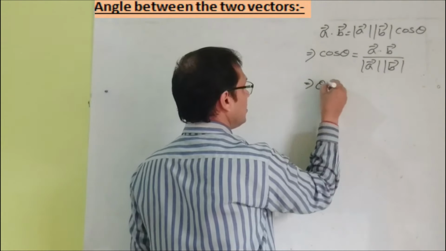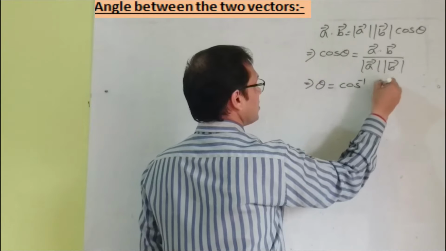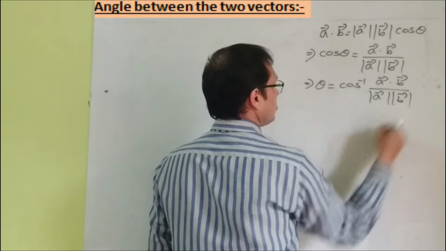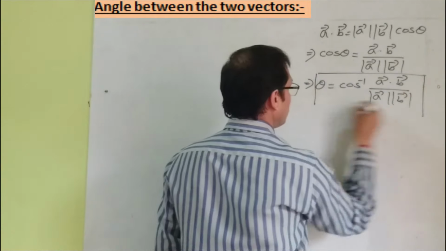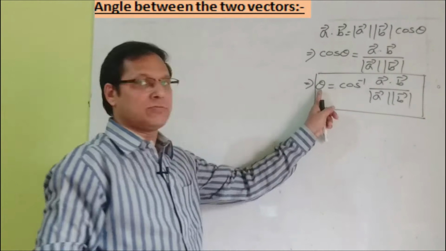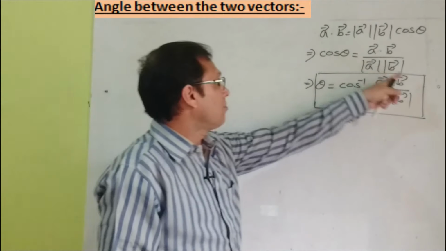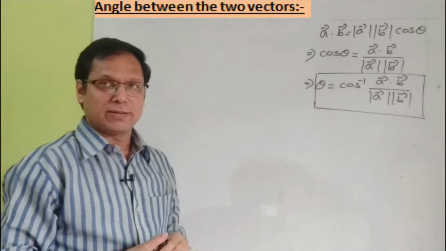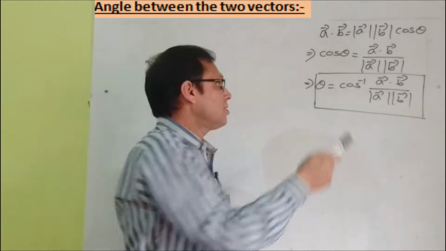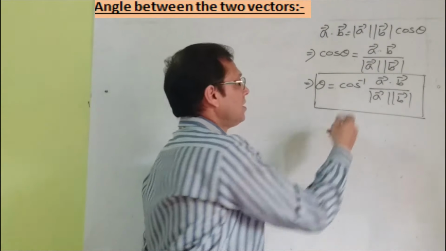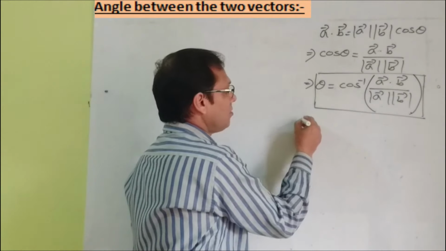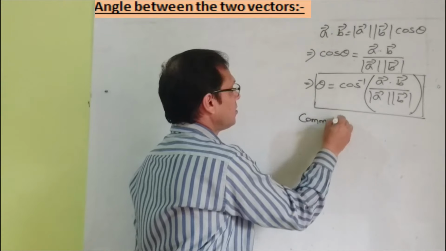In other words, theta is equal to cos inverse of a vector dot b vector by a vector magnitude b vector magnitude. This is the angle between the two vectors. Suppose you are given two vectors and asked for the angle between them. With the help of this formula you can find it: cos theta is equal to a dot b by a magnitude b magnitude, or theta is equal to cos inverse of this.